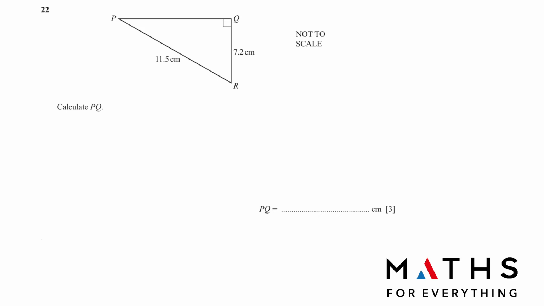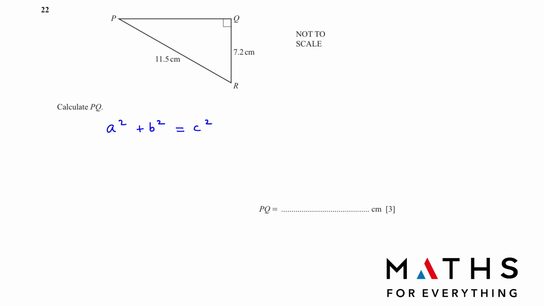In question number 22, we have been given a right angle triangle and two sides have been given to us. We have to find the third side, PQ. As it is a right angle triangle, we are going to use the Pythagoras theorem, which is a squared plus b squared is equal to c squared.